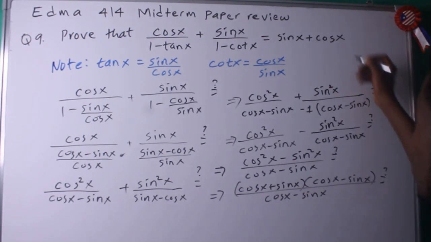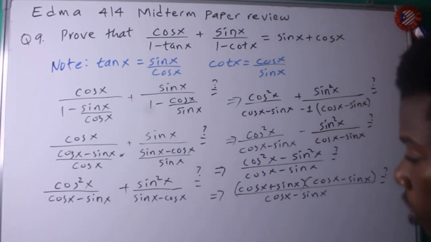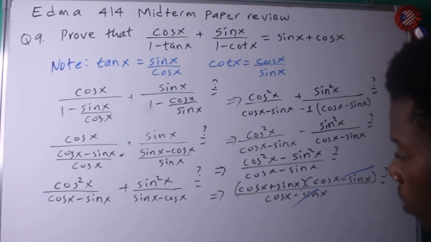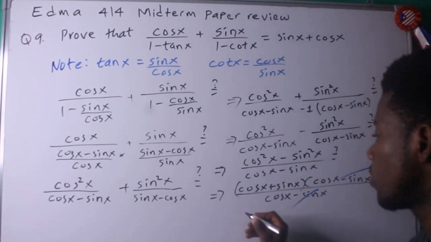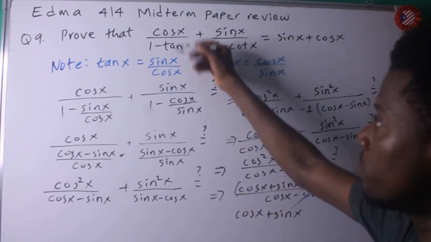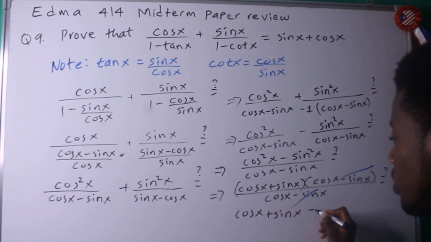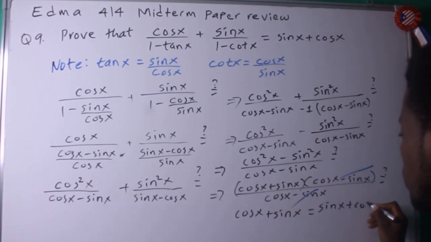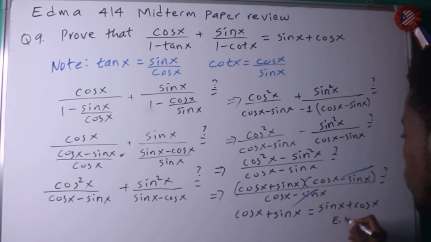The expression here cancels the expression in the denominator, and we have only cos x plus sin x. Therefore, the entire expression simplifies to cos x plus sin x, which equals sin x plus cos x. And this is the end of the proof.